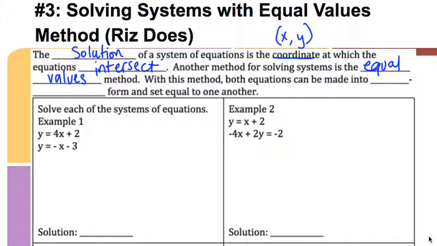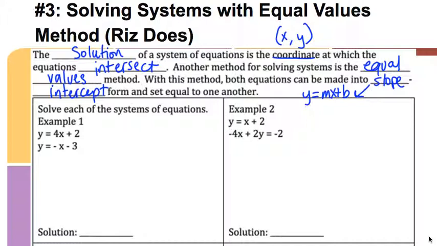With this method, both equations can be made into slope intercept form and set equal to one another. Remember, slope intercept form is y equals mx plus b form. So if the equations are in y equals mx plus b form, we can just set them equal to one another. Okay, so let's get started.